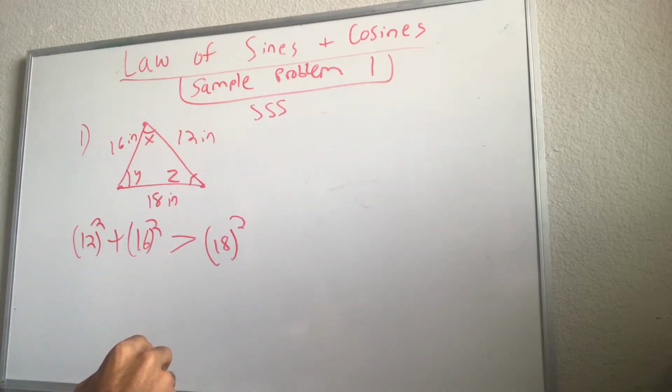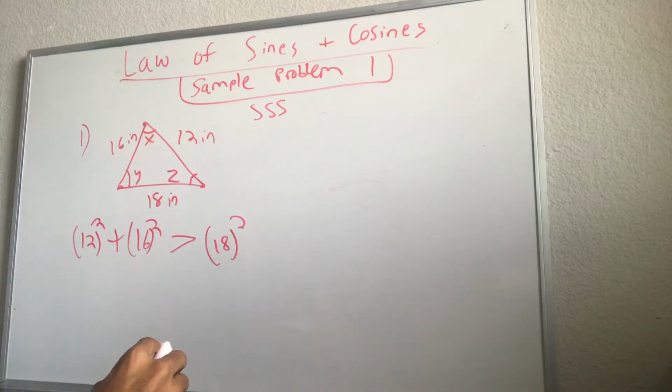If 12 squared plus 16 squared is greater than 18 squared, then this is an acute triangle where all the interior angles of the triangle are acute angles. And if 12 squared plus 16 squared is less than 18 squared, then this would be an obtuse triangle, where you would definitely be seeing one angle that is greater than 90 degrees.